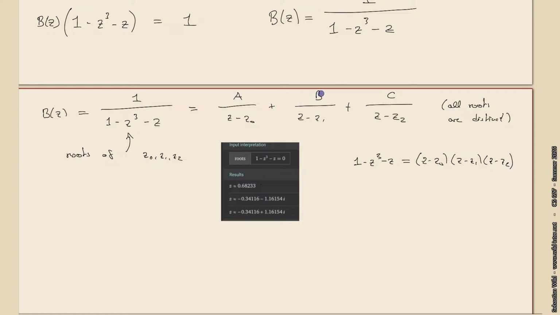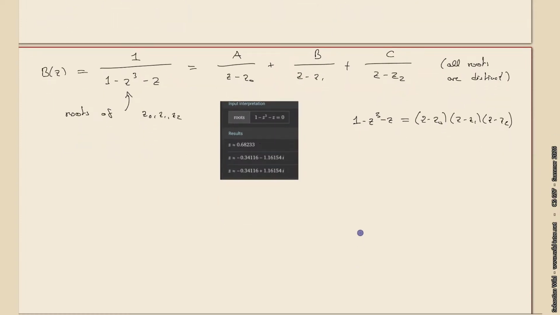You can solve for A, B, and C just by multiplying through some of these factors and setting z to specific values, and then you can compute the explicit numbers for A, B, and C. Now, in this case, this will involve all these complex algebraic numbers, so it's not going to look nice, and we might not do it because we don't have to. The point is that this always has a nice form.